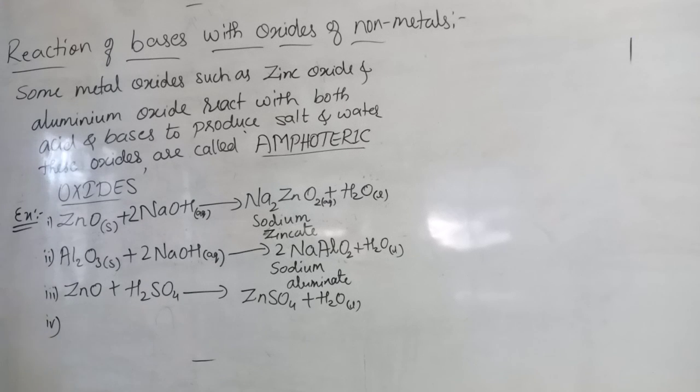In the previous class we discussed Al2O3 plus hydrofluoric acid. When it reacts with hydrofluoric acid, it forms aluminum fluoride and water. Next we move on.